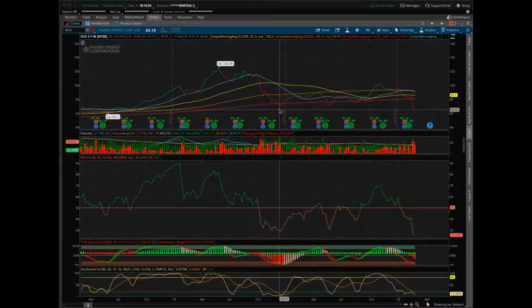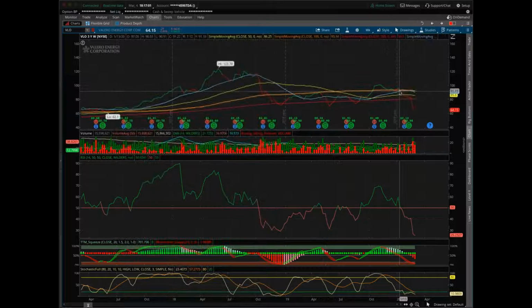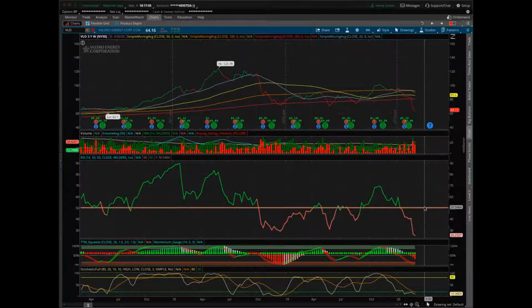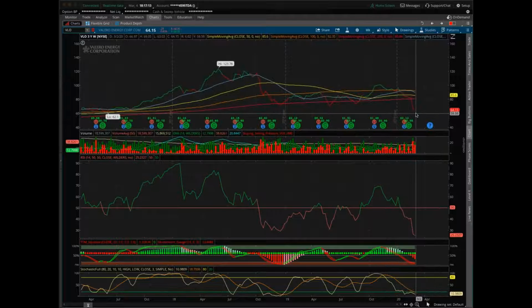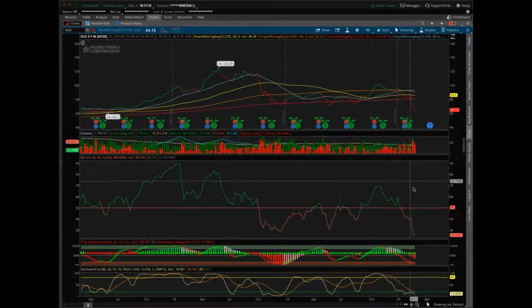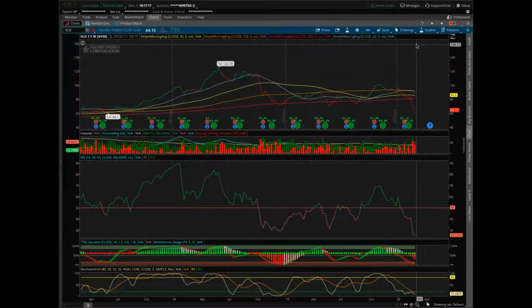Now, when you have a divergence, that is something that you need to consider. If the stock chart is going down, but the RSI is going up, that is what we call a divergence, and it could be the opposite of whatever the price is doing.